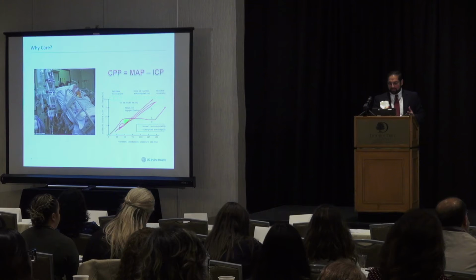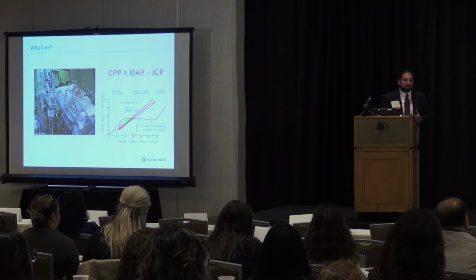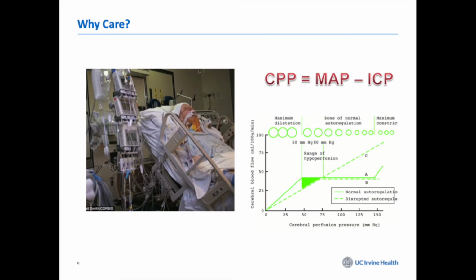However, in a damaged brain, like this one here, now you have a linear association, and thereby every little drop in blood pressure will cause a problem. And conversely, as I said, if your ICP is going up, now all these ranges have to shift, and that's going to cause more problems as well.